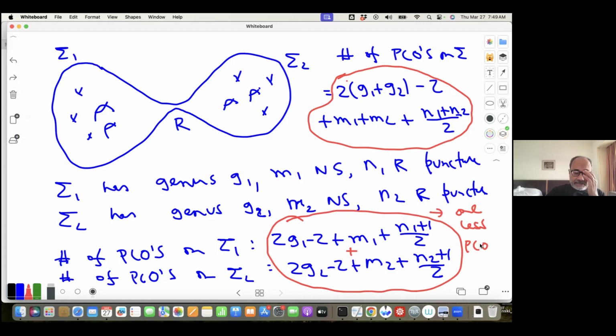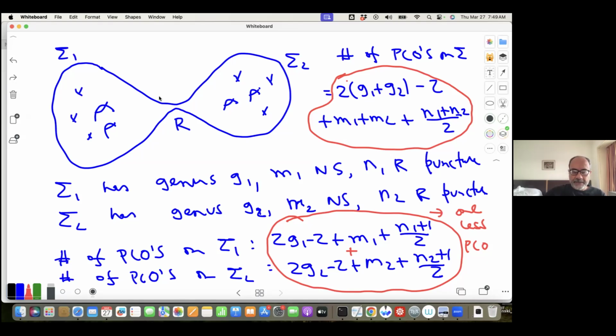So you see that if we had naively just followed the procedure that we described, which is consistent with Feynman diagrams, there will be a problem, because the number of PCOs that we require on sigma 1 and sigma 2 together is one less than the number of PCOs that are there on sigma. So one extra PCO on sigma has to be placed somewhere.